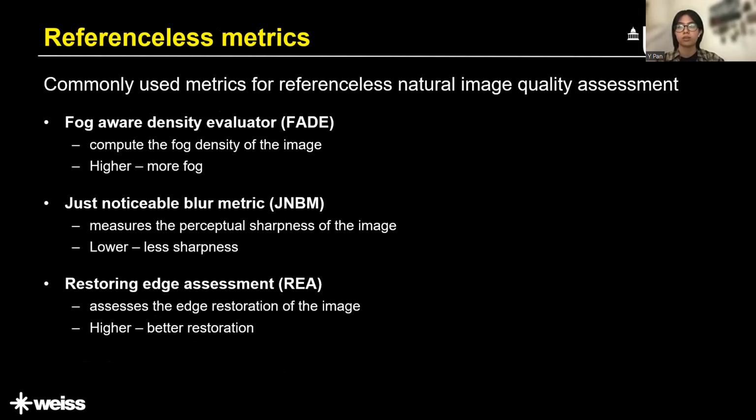Thus, we can only rely on referenceless metrics. The fog-aware density evaluator computes the fog density of the image, so a higher value means there is still a lot of fog covering the image. The just noticeable blur metric measures the perceptual sharpness of the image, and a lower value means less sharpness. The restoring edge assessment assesses the edge restoration of the image, and a higher value means better restoration after the process.